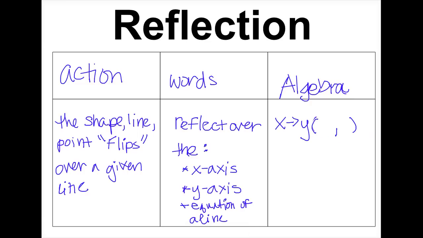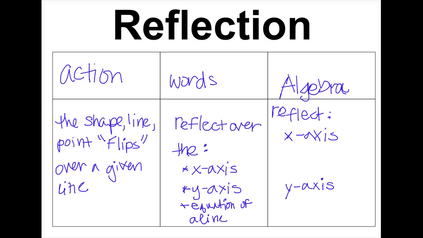So as of right now, you'll see 2 different situations. You'll see reflection over the x-axis and reflection over the y-axis. And it's going to be different for each that you have.